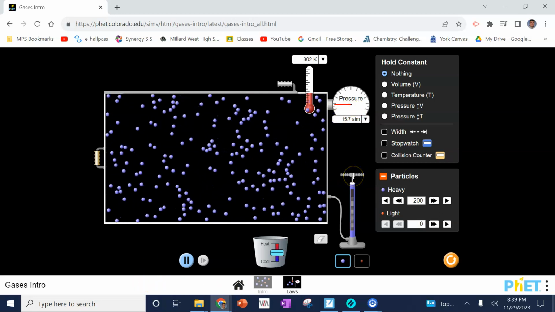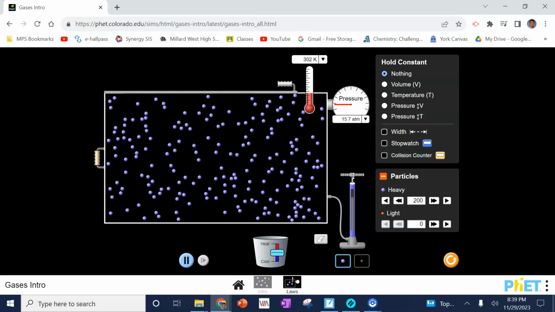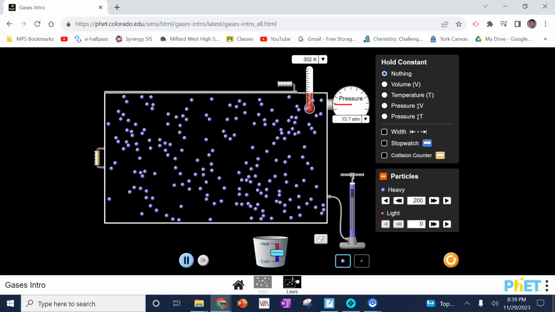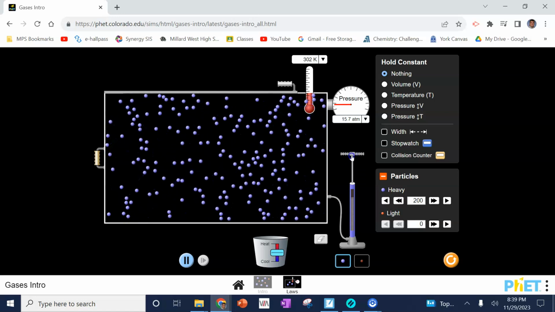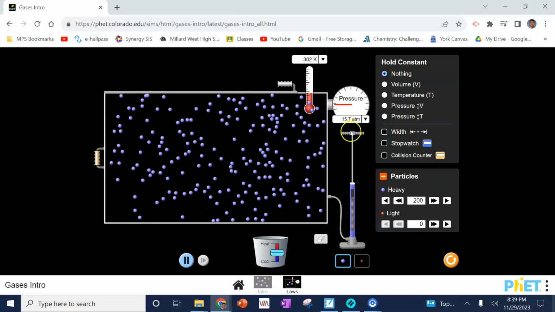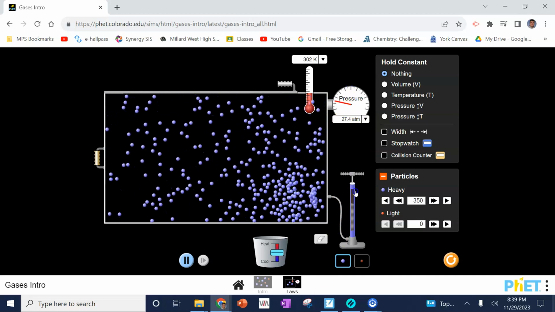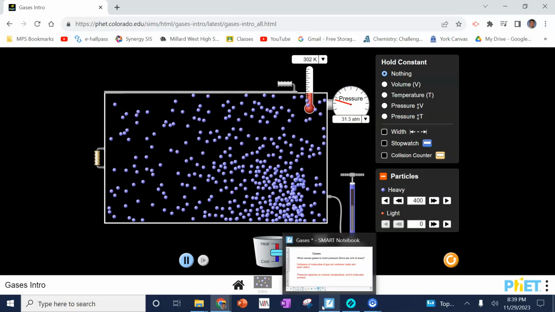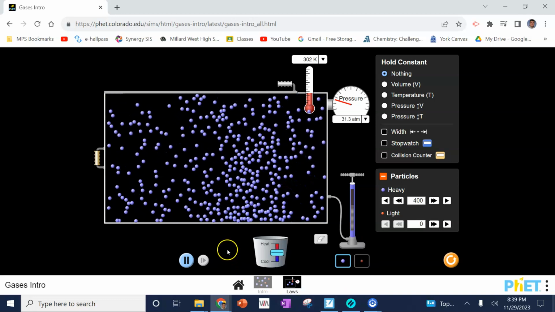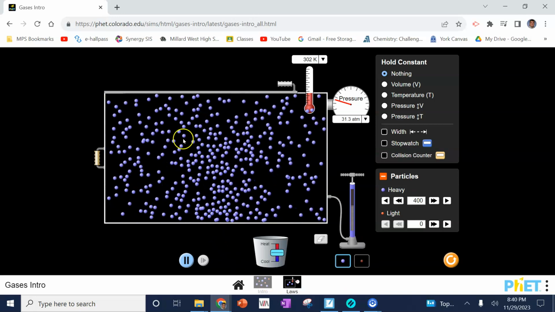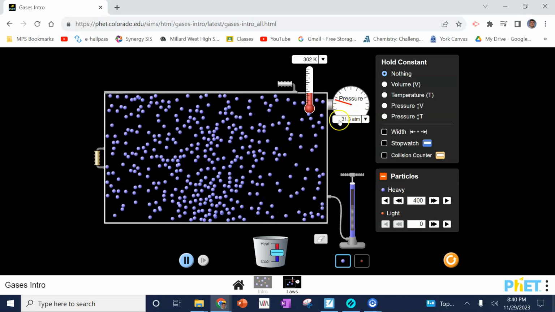Okay, what do you suppose happens if I add more gas particles to this? Give you a moment to think here. I'm going to take this pump and I'm going to introduce more particles to it. So here we're adding some more gas particles. Pump, pump, pump. More particles, pressure increased.